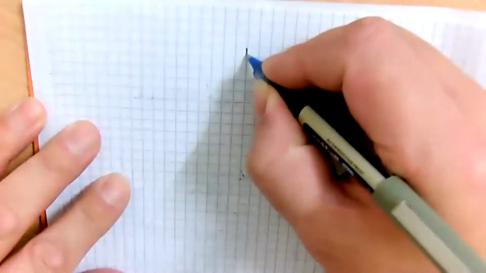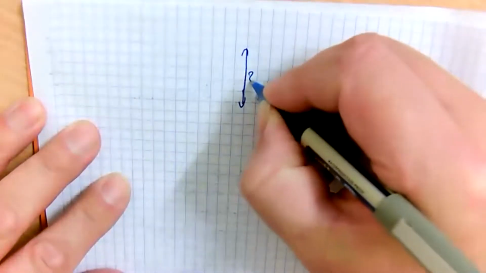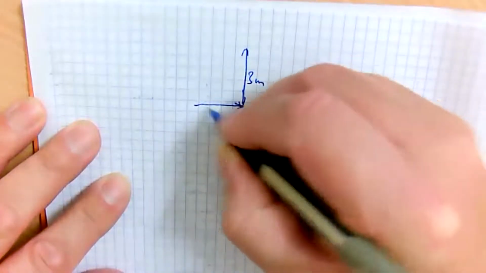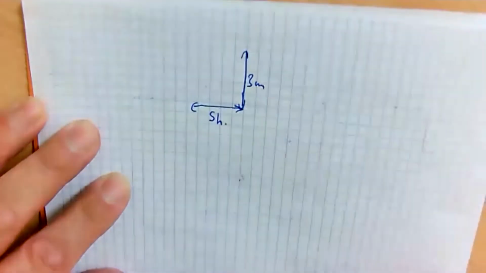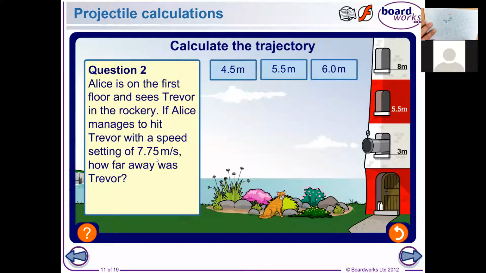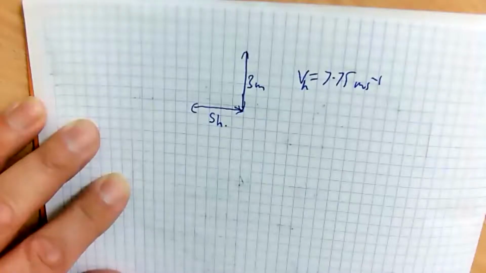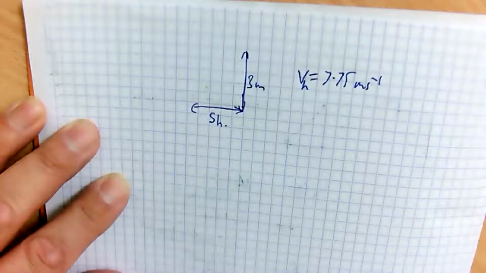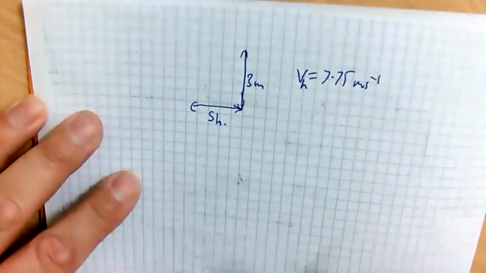So we know that it's 3 meters above the ground, and we want to work out that horizontal distance. According to our question, it's traveling with a speed of 7.75 meters per second horizontally.